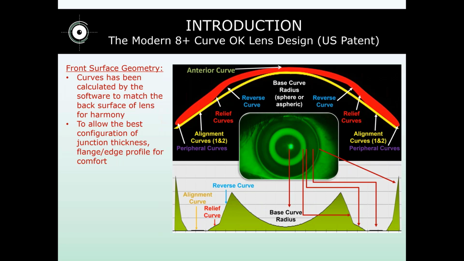Actually, the front surface geometry is also important. The front curve is calculated by the software to match the back surface of the lens for harmony, to allow the best configuration of junction thickness, fringe, and edge profile for comfort. This is very important, especially for Asian kids with tight lids. You want to have a very comfortable fit of lens so that they don't complain too much.